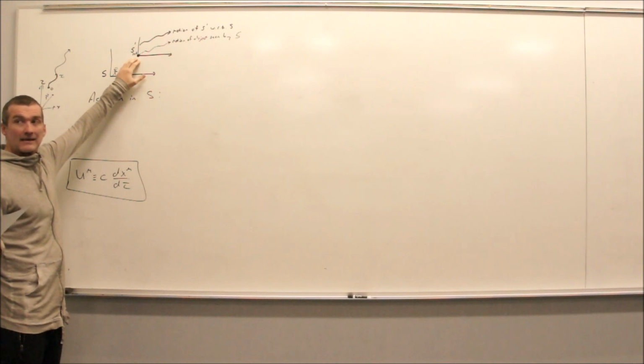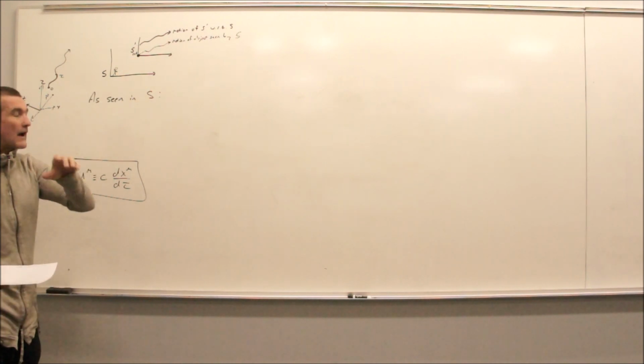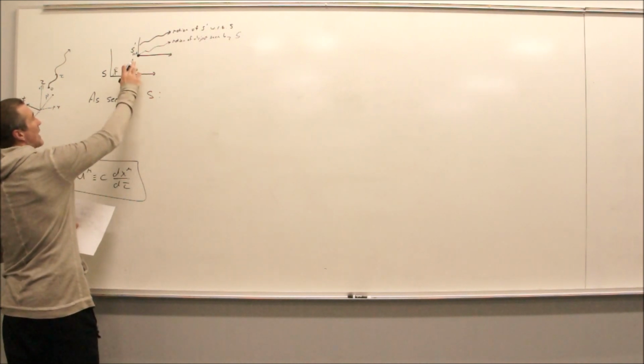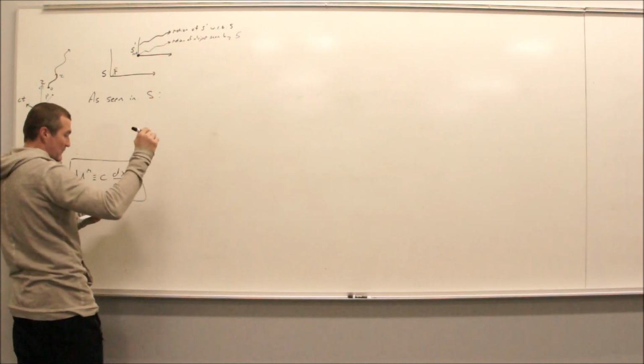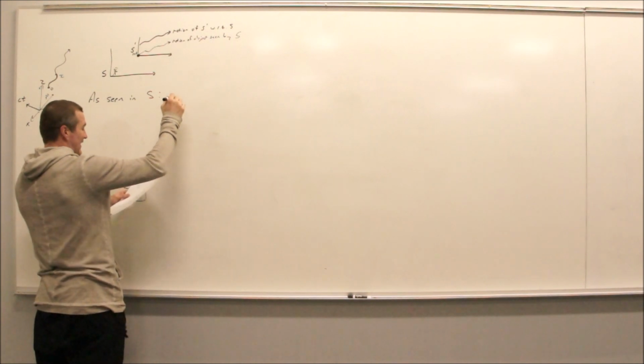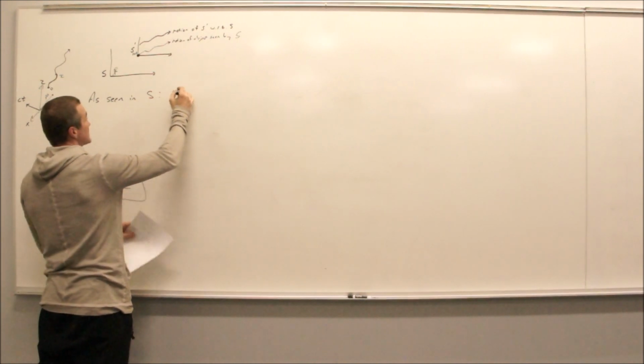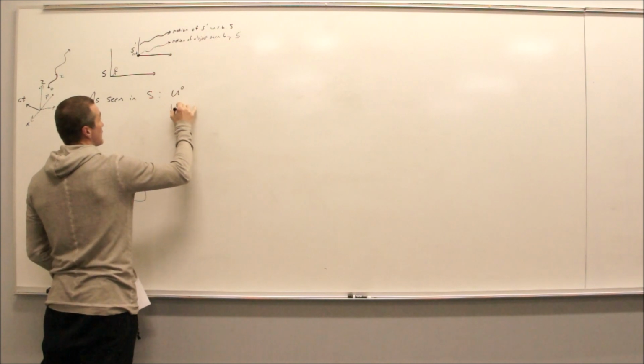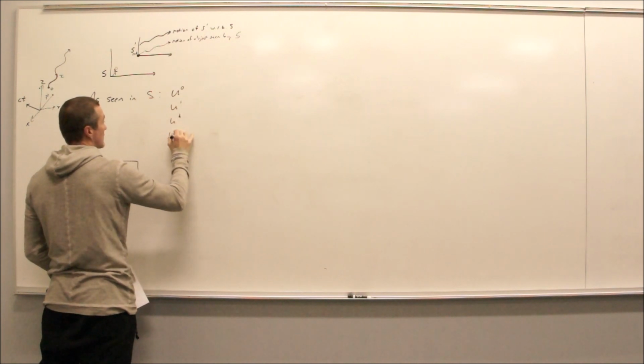T. T? Or B. All right, we'll bang it out. Okay. But right now I want to talk about how this is seen in S, and we can shift it to S prime in a minute. So let's just go through all of the components.